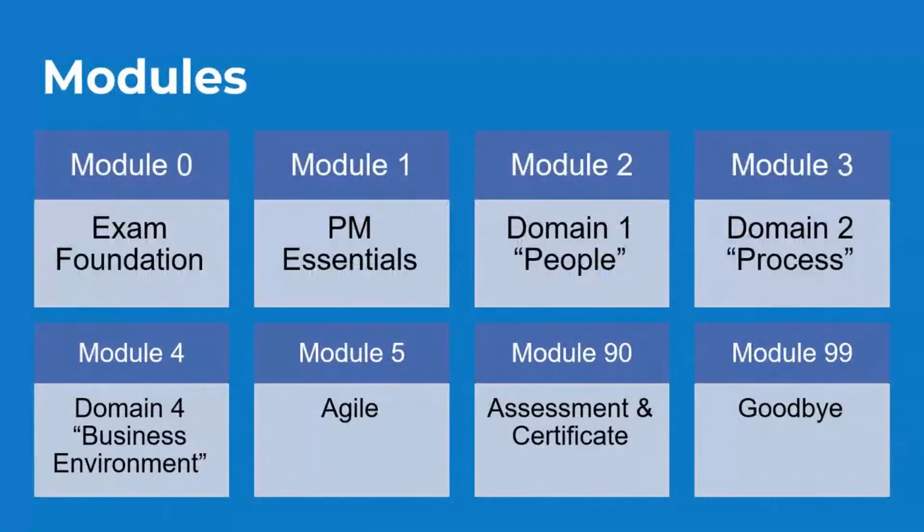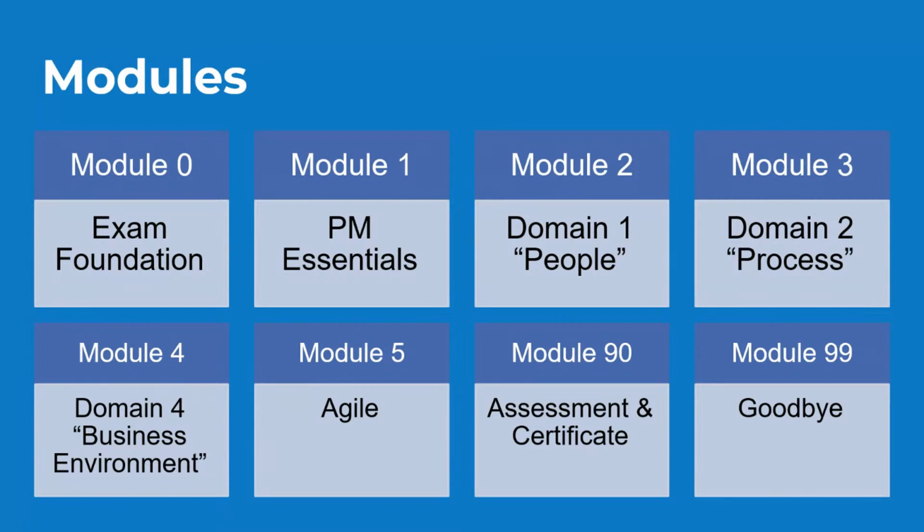Okay. Then a quick note about the modules themselves. Here they are. Module 0, Exam Foundation. Module 1, Essentials. Module 2 is the people domain from the ECO. Module 3 is the process domain from the ECO. Module 4 is the business environment domain.